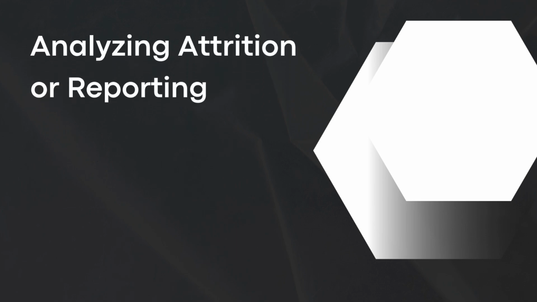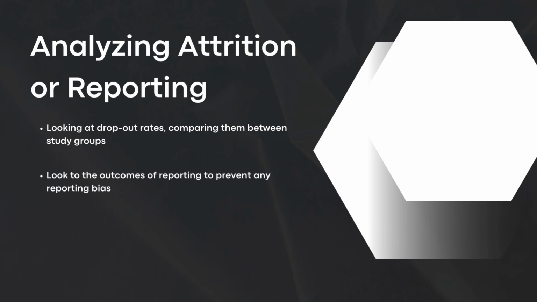When we finish the data collection and its evaluation, we move to analyzing the attrition or reporting. And we start here by looking at the dropout rates. Compare the dropout rates between the study groups to identify any potential attrition bias. And also look to the outcomes of reporting.